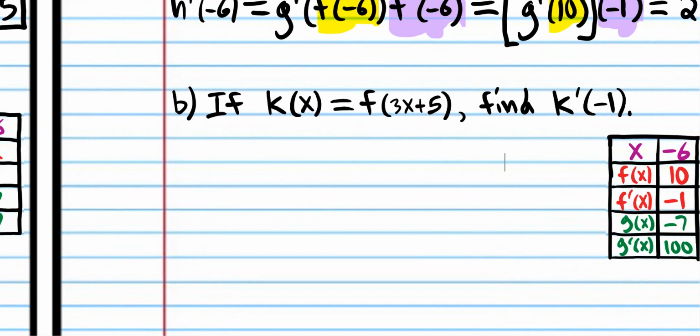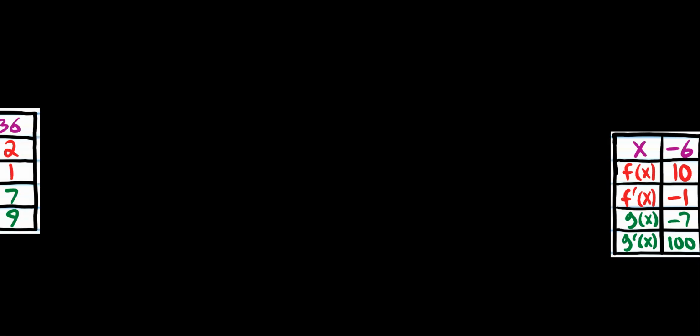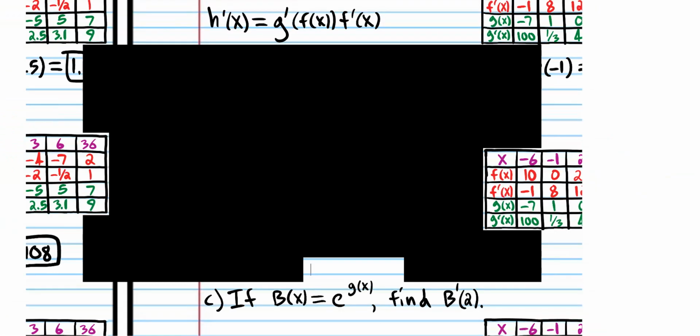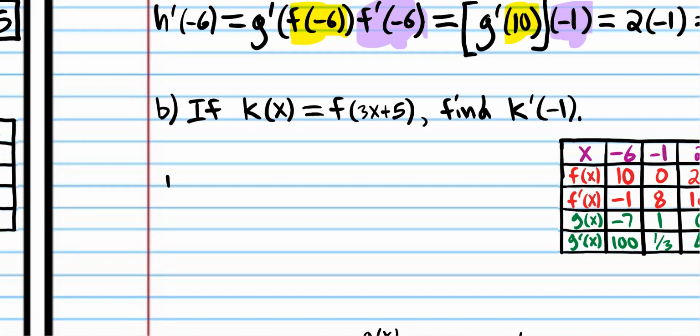But because we have a function inside another function, when we find the derivative, we have to use the chain rule. So the first step of the chain rule is to find the derivative of the outside.